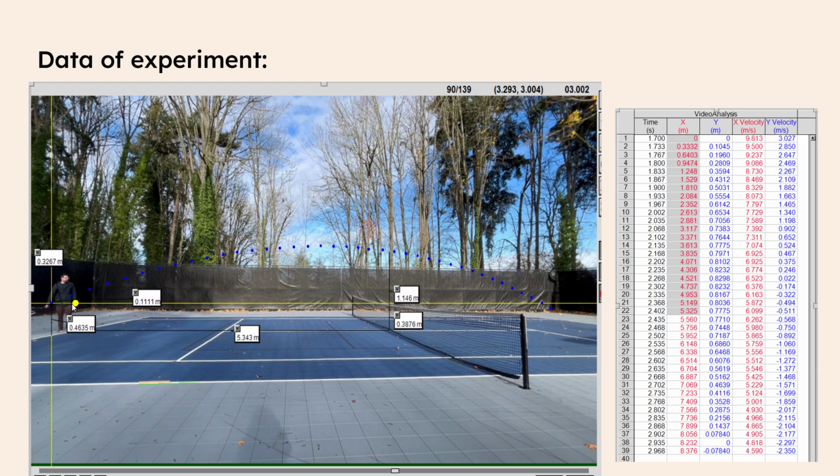We first calculated the horizontal and vertical distance the ball traveled between frames to try and find our launch angle, the height being 0.1111 and the horizontal being 0.3267. We were also able to find the height of the net and then the initial height that the ball was hit as well. And then we also used the initial velocity of the x and the initial velocity of the y, which we'll use to find the initial velocity of the ball traveling.